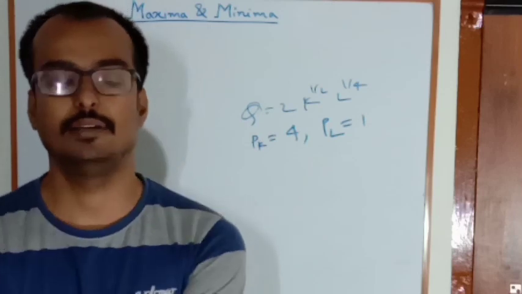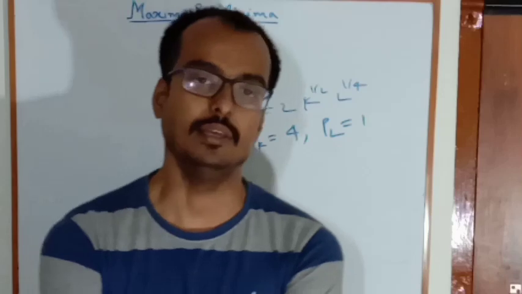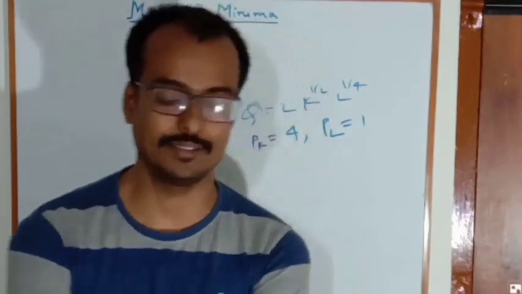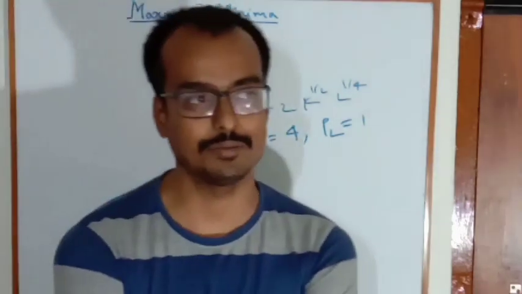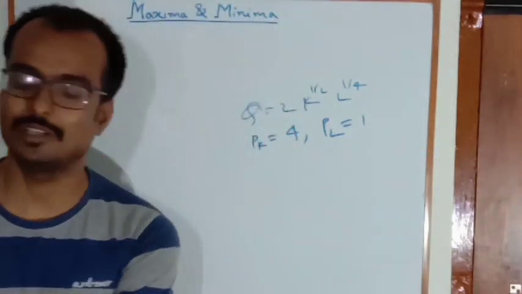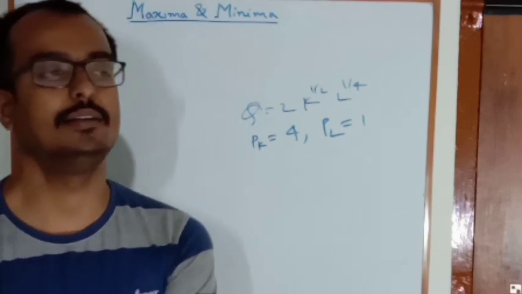If I do not discuss this, in the exam hall you will be blaming me: sir touched the easy things, tough things he did not touch, and that's why we are having difficulties. But actually it is not difficult, it is the same thing but said in a different way.